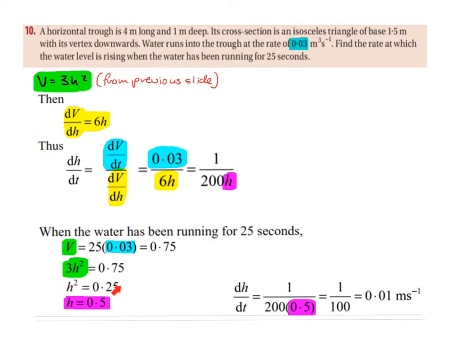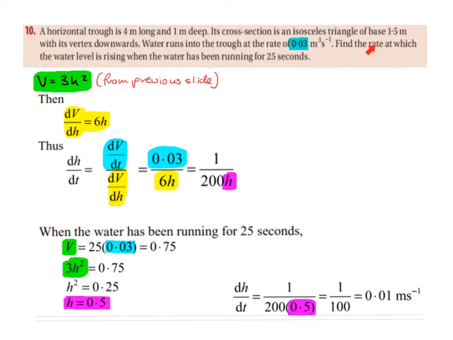And square rooting that, we get h is equal to 0.5. So dh/dt is equal to 1 over 200 multiplied by 0.5, because we've swapped that h there for 0.5 with brackets. We get 1 over 100, which is 0.01 meters per second.